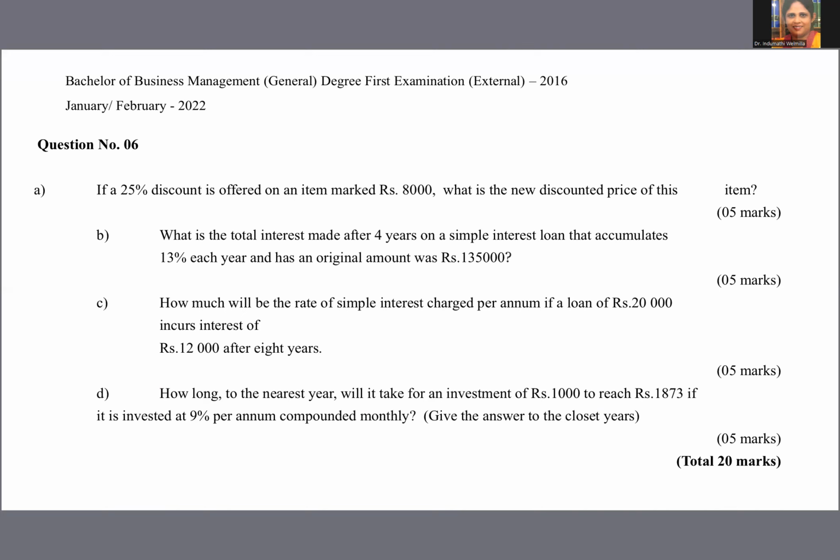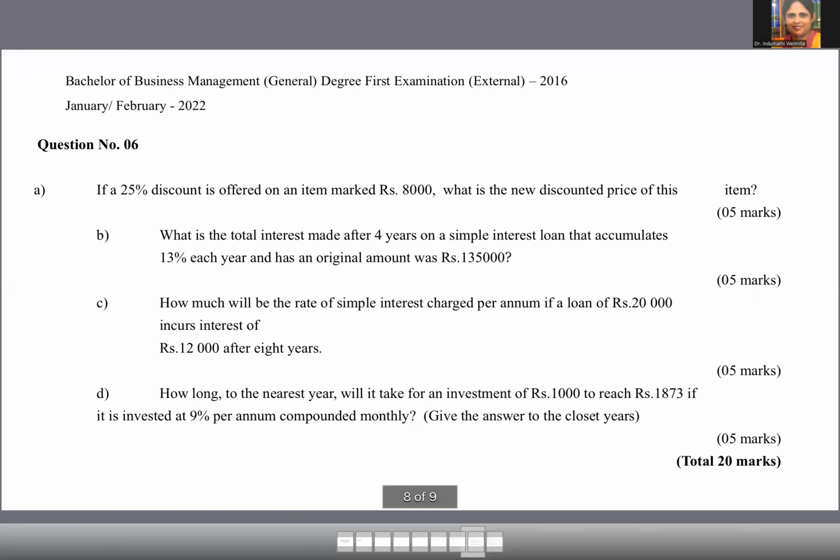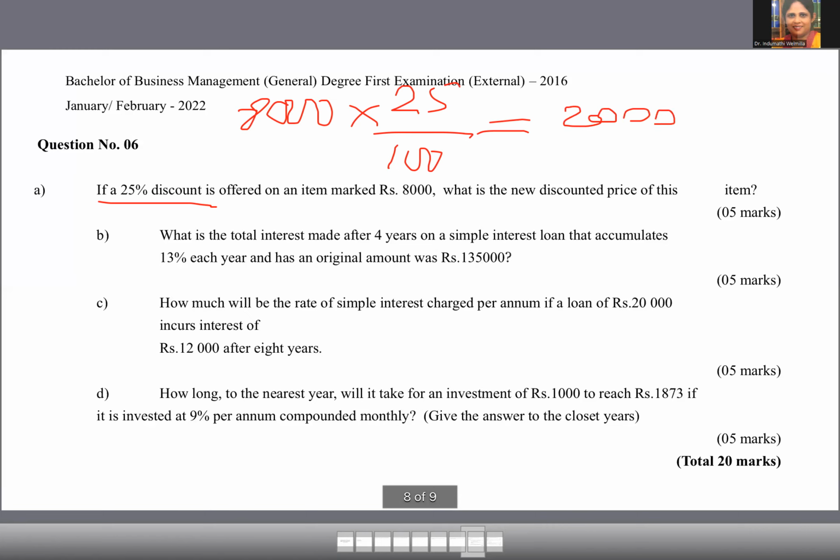It's asking first, part 1. If a 25% discount is offered on the item, the marked price is 8,000, so we know 8,000. When we compute the 25% discount, it is 1/4, so it becomes 2,000. Then this is the discount amount.